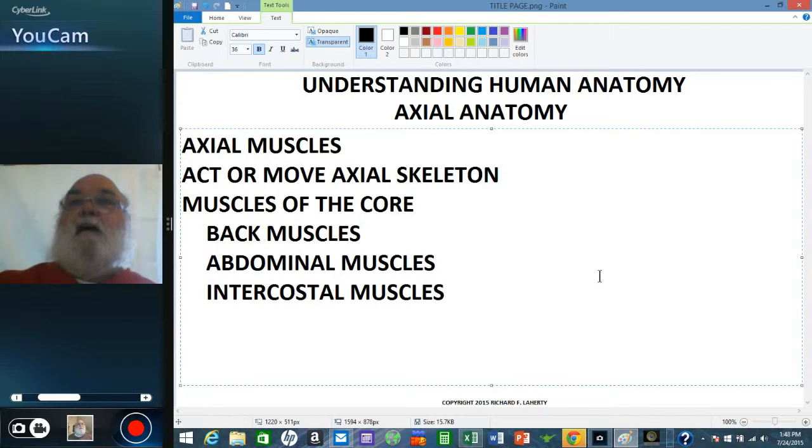The vertebrae are divided into regions: 7 cervical vertebrae, 12 thoracic vertebrae, 5 lumbar vertebrae, 5 fused sacral vertebrae forming the sacrum, 3 to 5 fused coccygeal vertebrae forming the coccyx. The axial muscles are muscles of the core. They consist of the back muscles, the abdominal muscles, and the intercostal muscles.